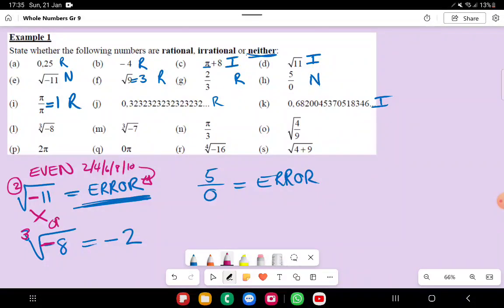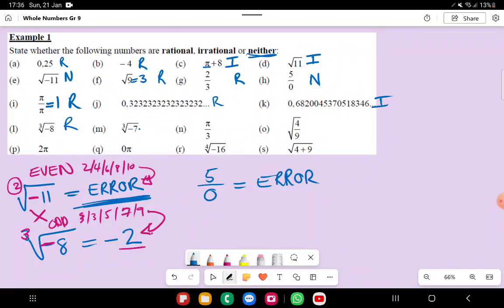But if it is odd, if it is 1, 3, 5, 7, 9, or any of those numbers, then you will get a correct number. So the odd root of a negative number is definitely possible. And since this is a perfect cube, this is a rational number because we know it's equal to -2.